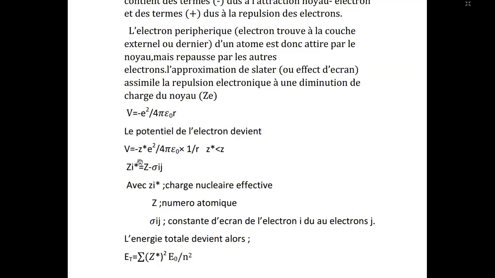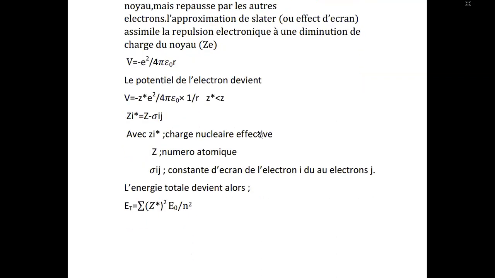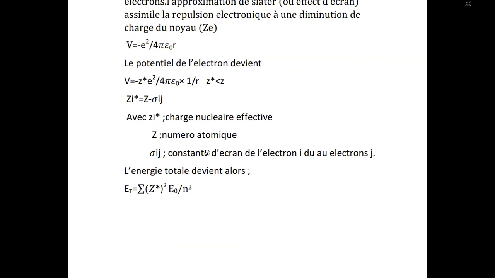So we'll do some questions. Now the formula for the total energy: En total is equal to the summation of Z star squared times E0 over n squared.